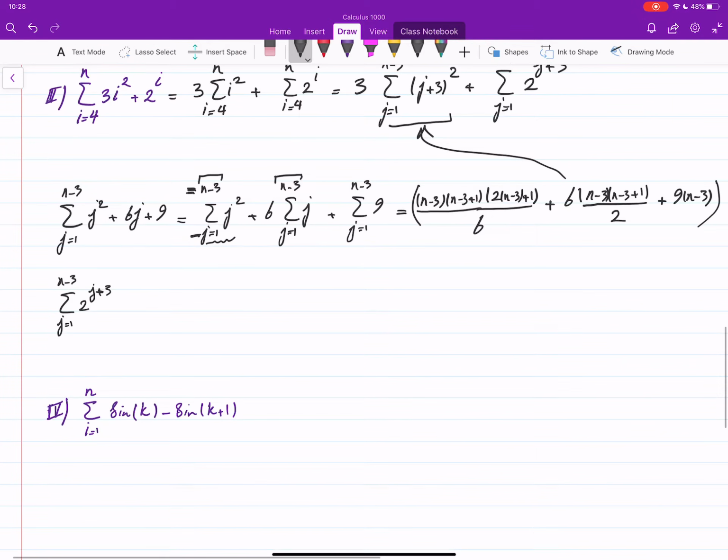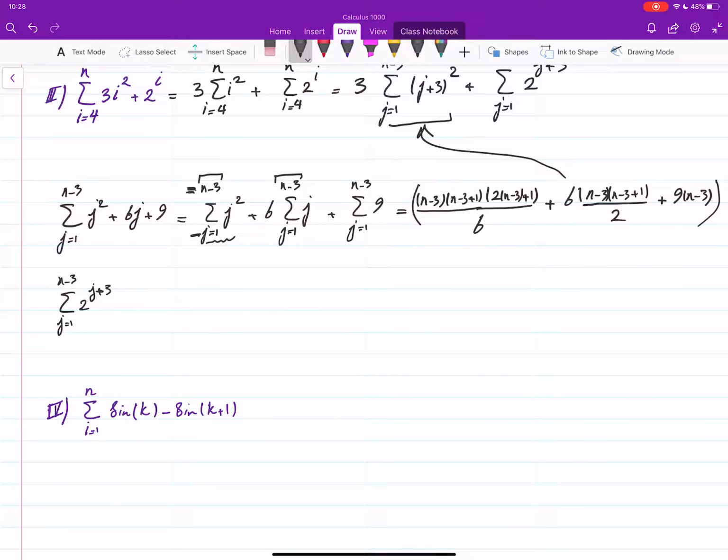Here, this goes from 1 to n minus 3, and there it is not 2 to the power j, it's to the power j plus 3. So the first thing is to just deal with that 3. I can write this as 2 to the power j times 2 to the power 3, which is 8. And I can put it outside. So this will be 8 times the sum of 2 to the power j, j going from 1 to n minus 3.